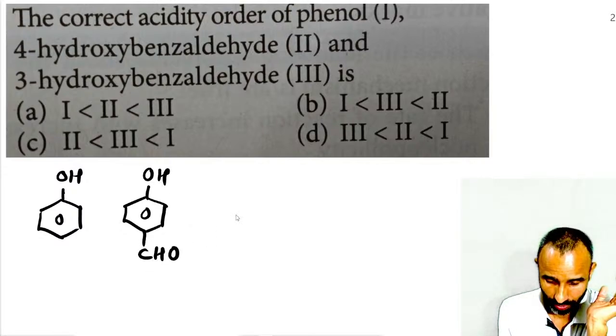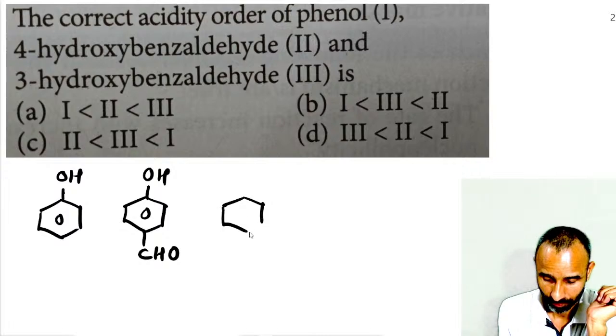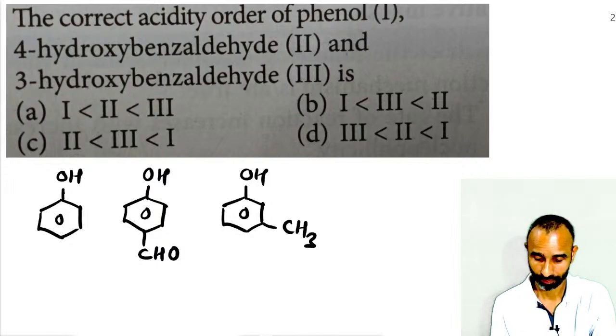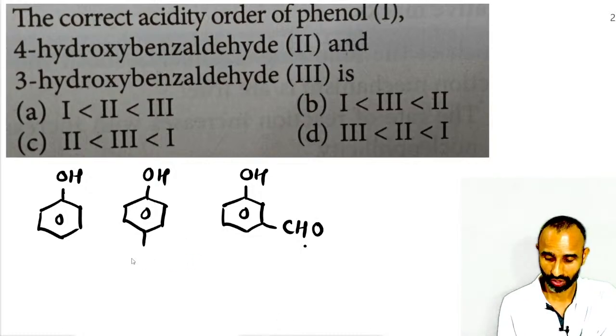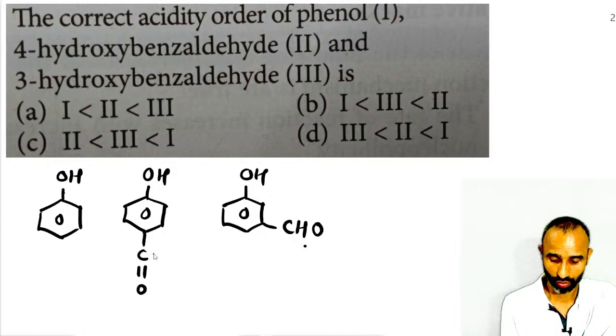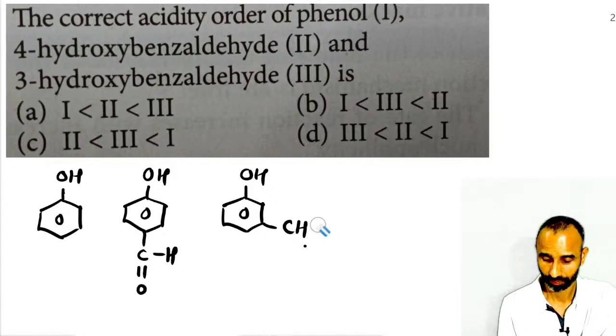Yes, it is para. Sorry, CHO means C double bond O.